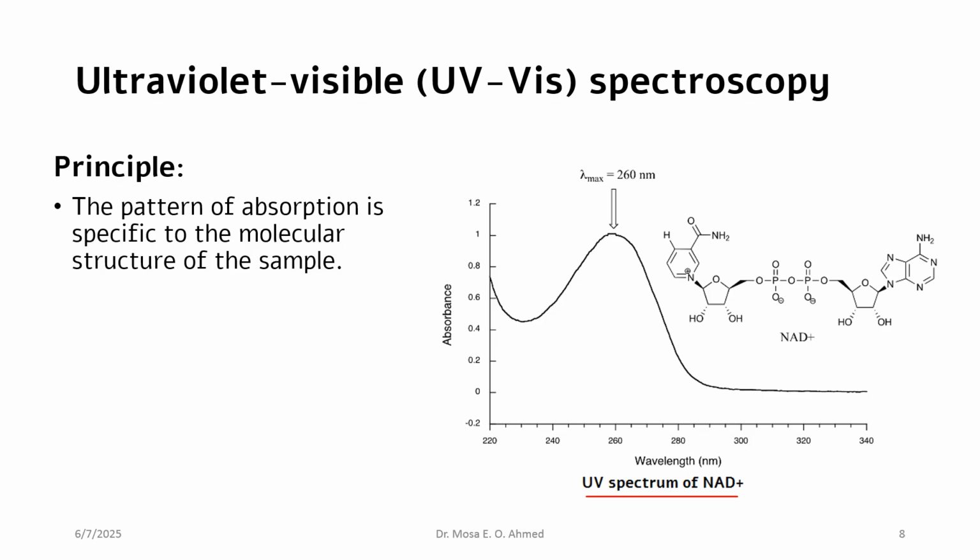In the x-axis, we find the wavelengths of UV visible light in nanometers, and in the y-axis, we find the absorbance of this light. Each molecule has a unique pattern of absorption, and the absorption at the highest level, known as lambda max, is unique for determination of the compound.